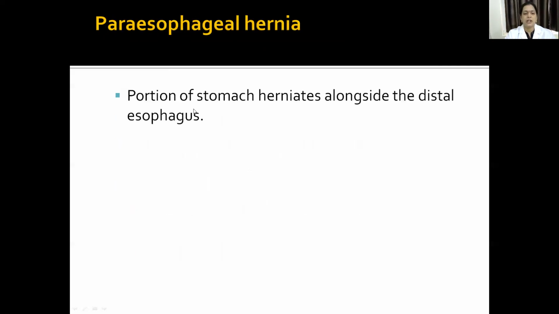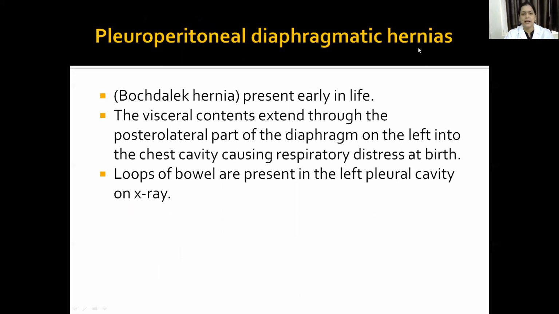Now, paraesophageal hernia is a portion alongside, so there is an esophagus, and then the stomach doesn't go into the esophagus like that of the sliding hernia, but it is coming adjacent to the esophagus. That is about the paraesophageal hernia. Now, pleuroperitoneal diaphragmatic hernia, which is otherwise called Bochdalek hernia, is present early in life. So what happens here?